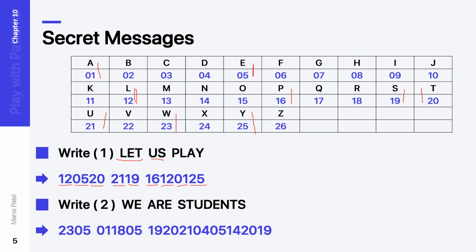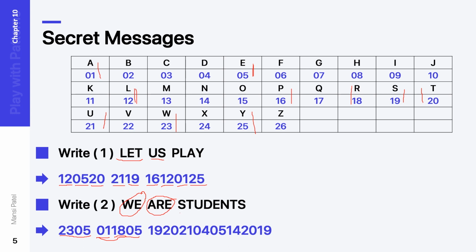So 2305 shows WE. Now A is 01, R indicates 18, so write 18, and E indicates 05. So this number makes the word ARE.